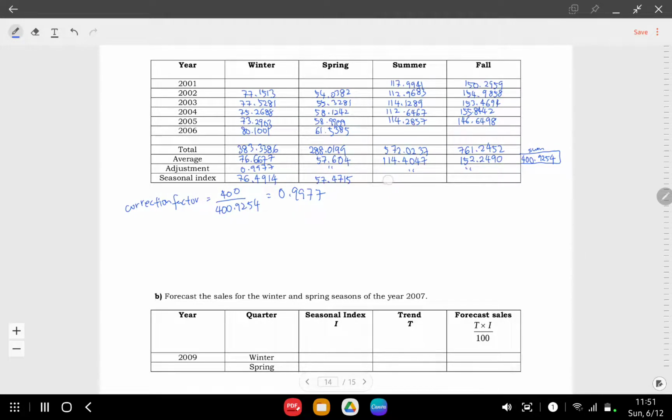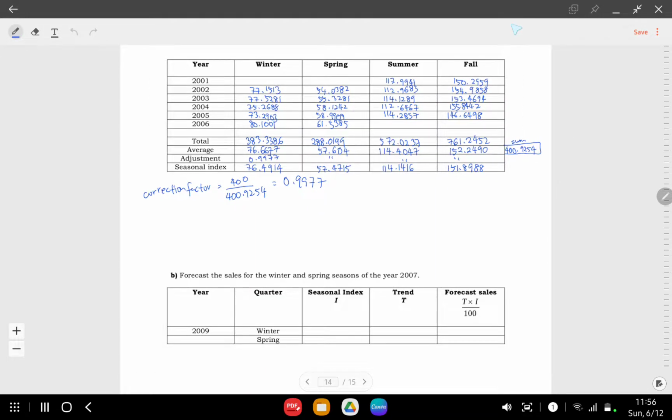Then 114.1416. And 151.8988. Okay, so that's the answer for question A.